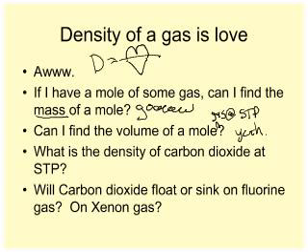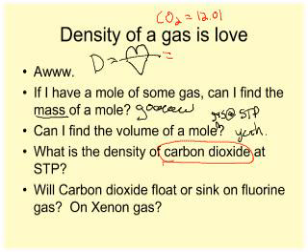So what is the density of carbon dioxide at STP? I'm going to find the mass of carbon dioxide. Carbon dioxide is CO2, so it's 12.01 from the periodic table plus 16 times 2 is 32.